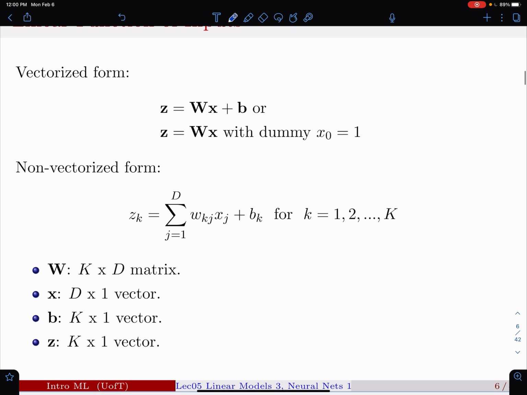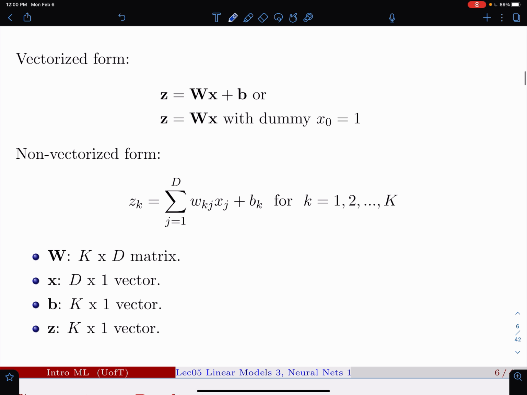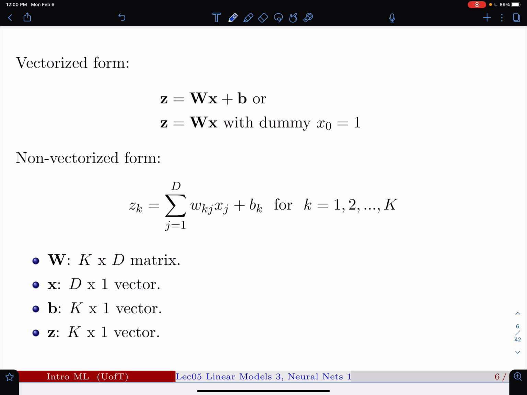So more concretely, we're writing this out in vectorized form. Our predictions are going to be of the form z equals Wx plus b. And let's just write this out. Our data matrix is n by d.